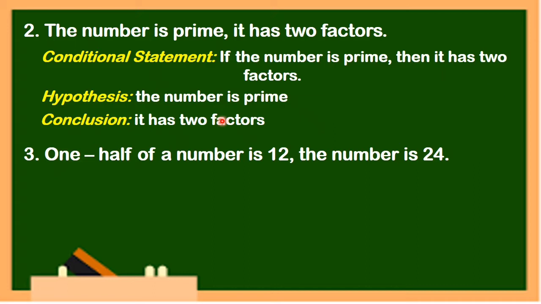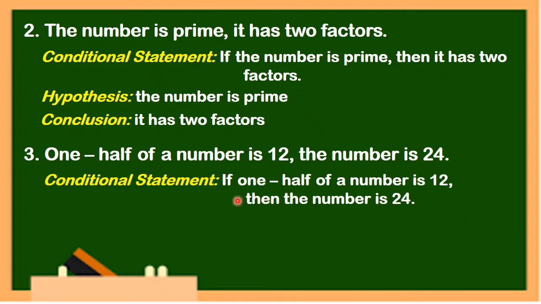Number 3, okay, for this last example, 1/2 of a number is 12. The number is 24. So what is its conditional statement? That is, if 1/2 of a number is 12, then the number is 24. You just add if for this statement, for the if statement, and then for this part, the number is 24.